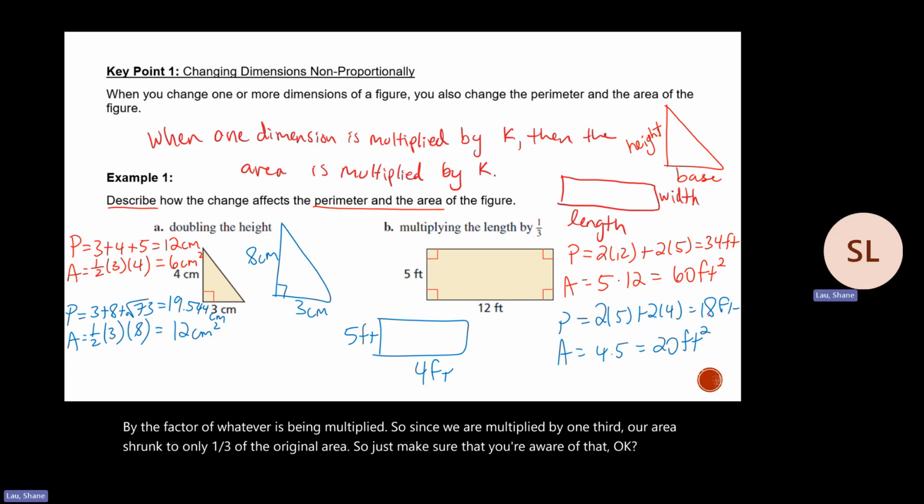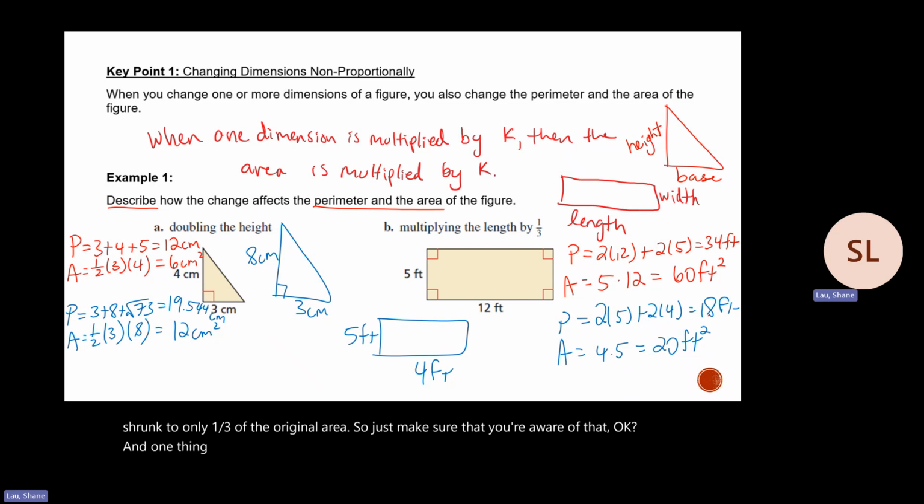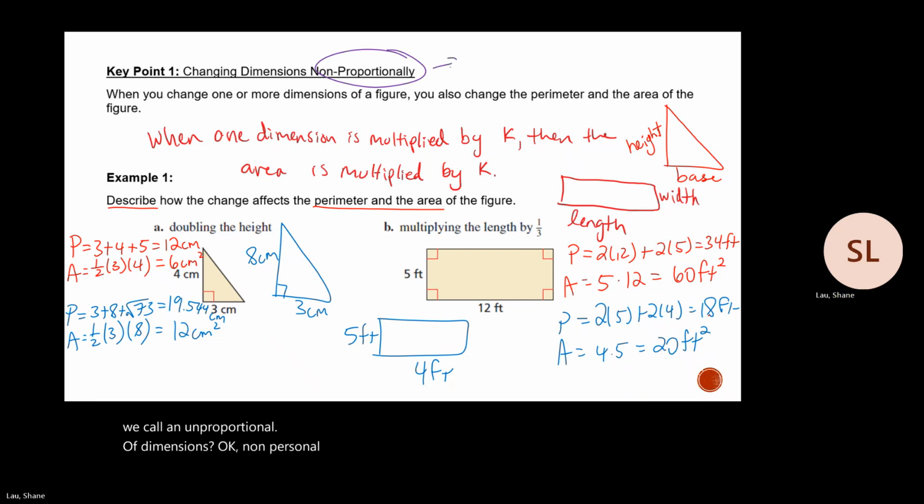And one thing that I want us to be really sure of and point out here is that this is what we call a non-proportional changing of dimensions. Non-proportional just means not all dimensions change at the same rate.